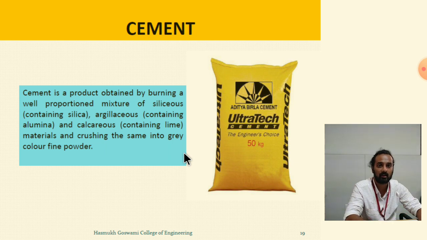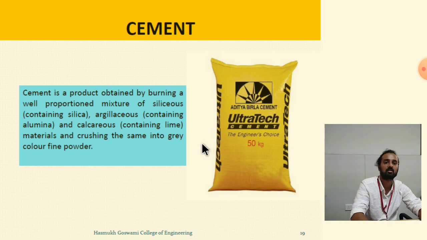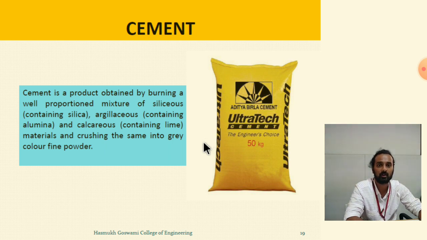India is the second largest cement producer in the world, with 8% of global installed capacity. India reached 334 million tons in 2020, and cement production is estimated to be 550 million metric tons by 2020.